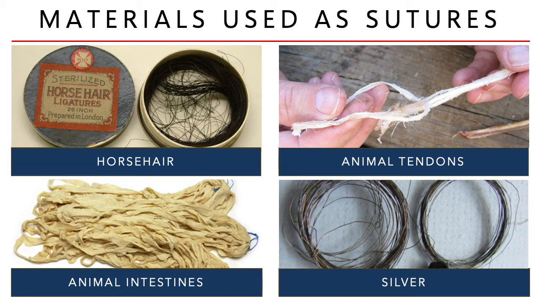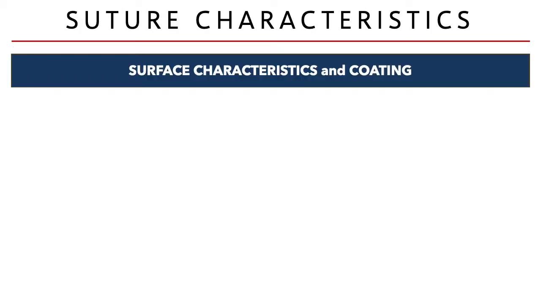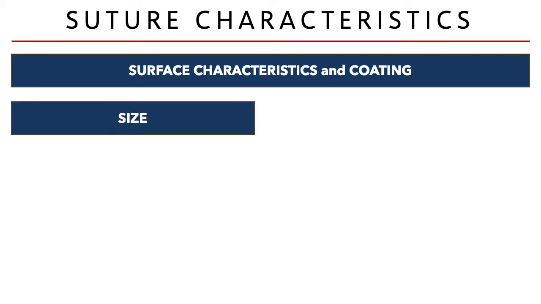Now, what do we want to focus on in terms of characteristics of the sutures that we use? Number one would be the surface characteristics and coating. What does the surface look like? Is it rough? Is it smooth? The size of the suture would also be dependent on the wound that we want to approximate.